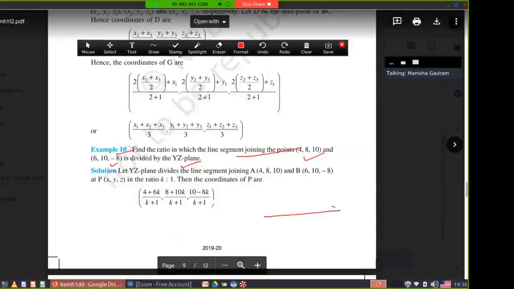This is the line segment, with A having coordinates 4, 8 and 10, and B having coordinates 6, 10 and -8, and you want to find the ratio in which the line segment joining these points is divided by the YZ plane.